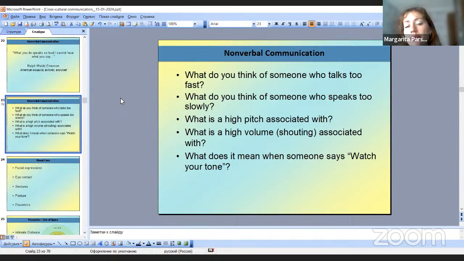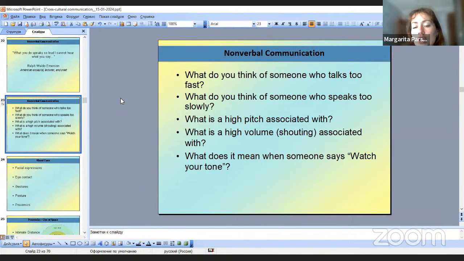And the same situation when the person speaks too slowly. But we can close our eyes on this a little, because it's difficult to speak not very slowly when you have words that you don't know in your non-native language.